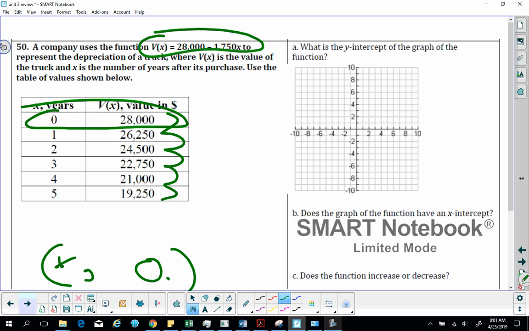Or you can keep subtracting by 1750 because I know that's my slope until I get to 0. How many times do I need to do that? Anyone find it yet?